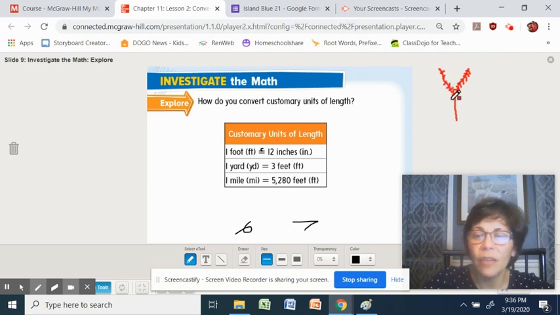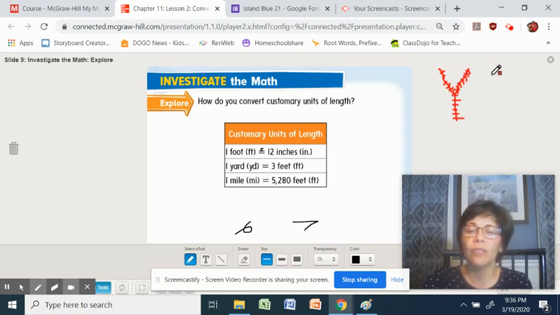So 12. Okay. So guess what? Now you have a yard. 1 yard is equivalent to 1, 2, 3 feet. And for each foot, there's 12 tick marks. So just a little something for you to quickly remember in case you forget.